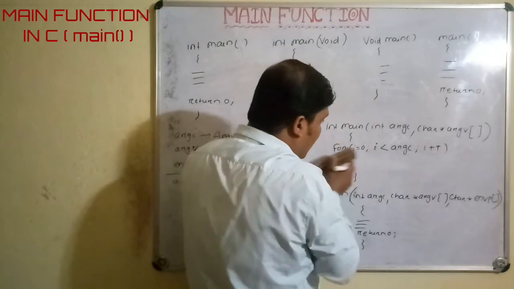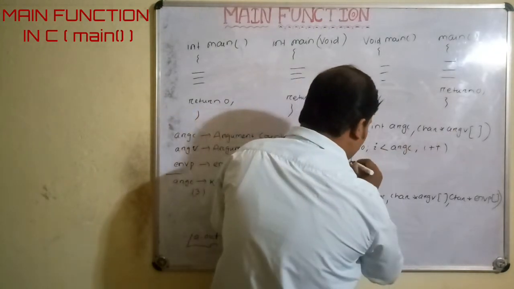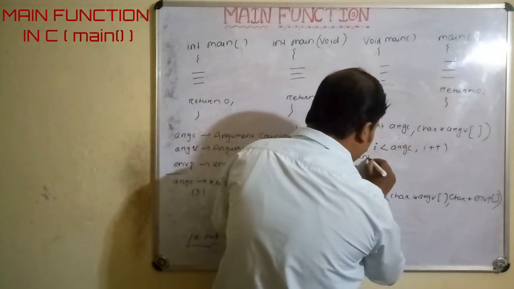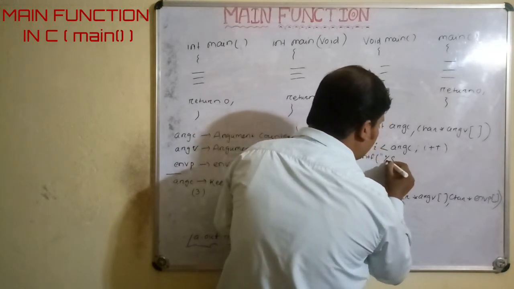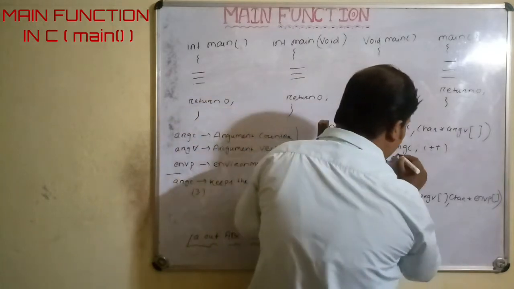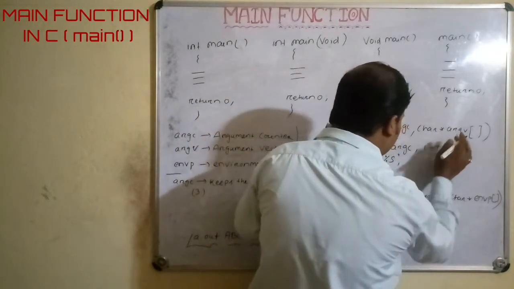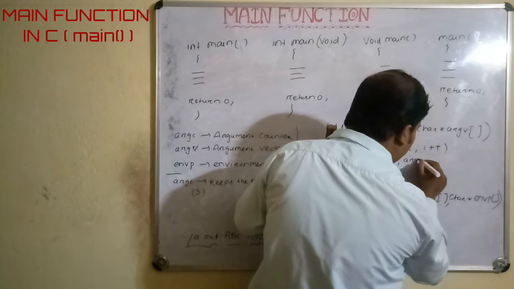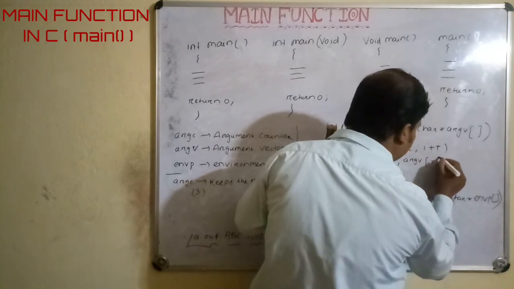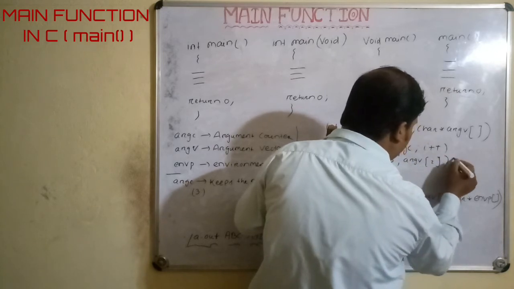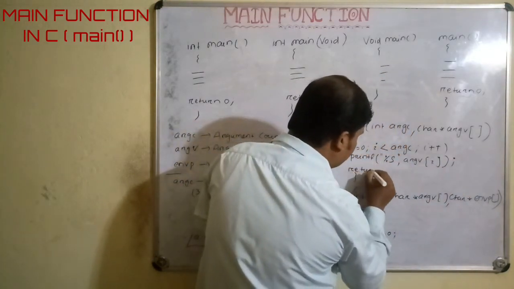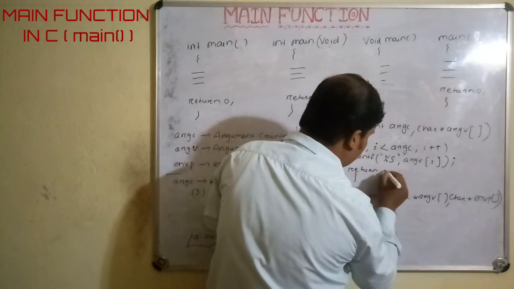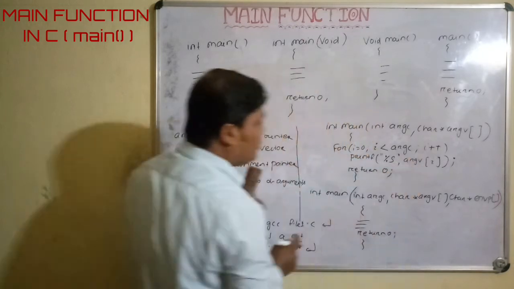Clear? Suppose I am printing this value, printf %s, this is pointer to string, %s, then argv of i. Then return 0. Clear?